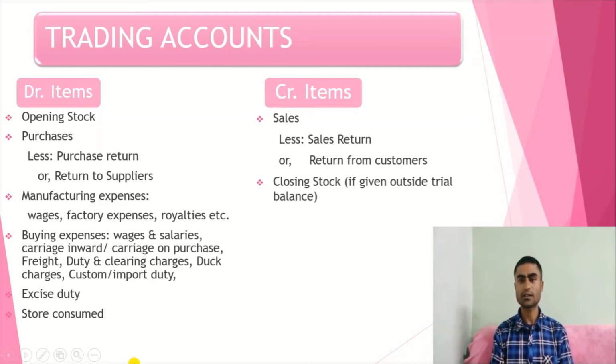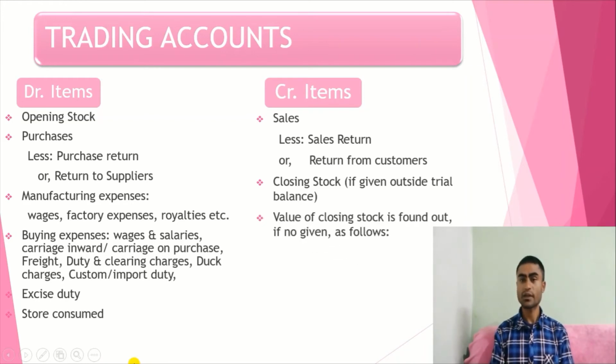if it is given outside the trial balance. If it is given outside the trial balance, we can write it on this side. And if the value of closing stock is not given, then we can find it out by using a formula.